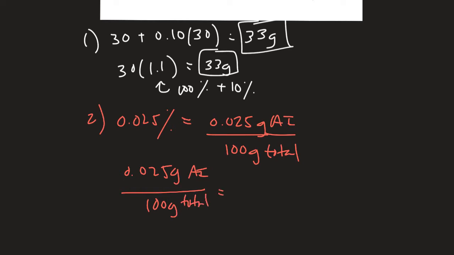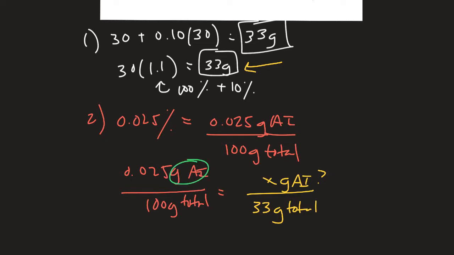We know that we need to make 33 grams total. So how much is the weight of the AI? I put the 33 grams because grams of AI lines up with grams of AI on top, and grams total on the bottom lines up with grams total on the bottom.